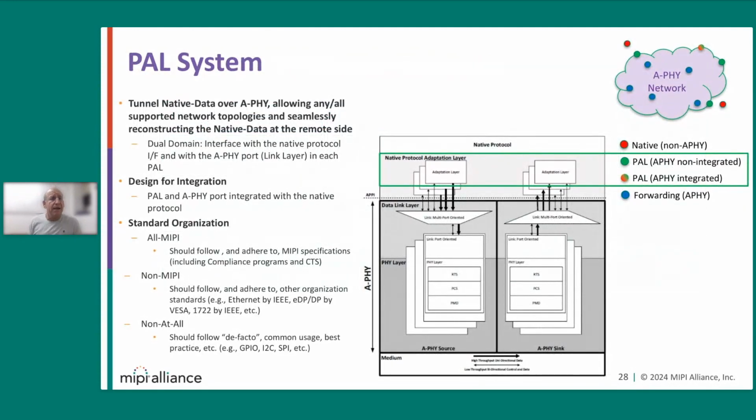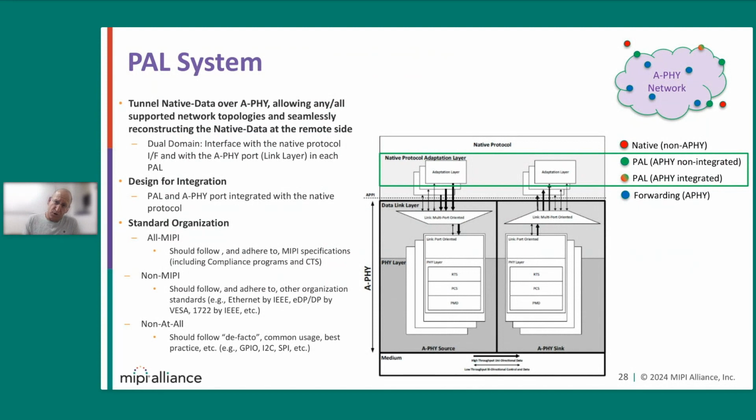Okay, this is again a view of the PAL system. You can see the adaptation layer is marked here in a green box, and it's the interface between the native protocol and the A5 protocol. Here on the top right, you see the cloud of the A5 network.